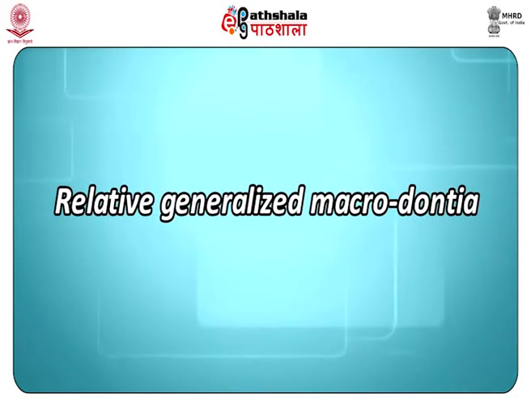It is a rare condition and can occasionally be seen in people with pituitary gigantism or excess of growth hormones. Whereas in relative generalized macrodontia, the teeth are normal sized but the jaws are small. Hence, the teeth are relatively larger in comparison.